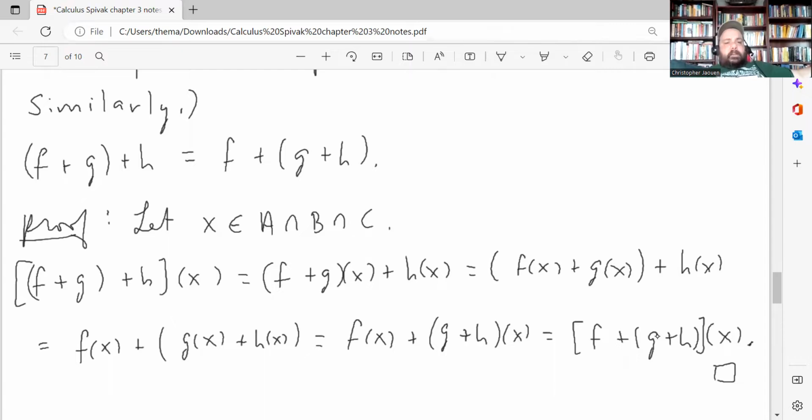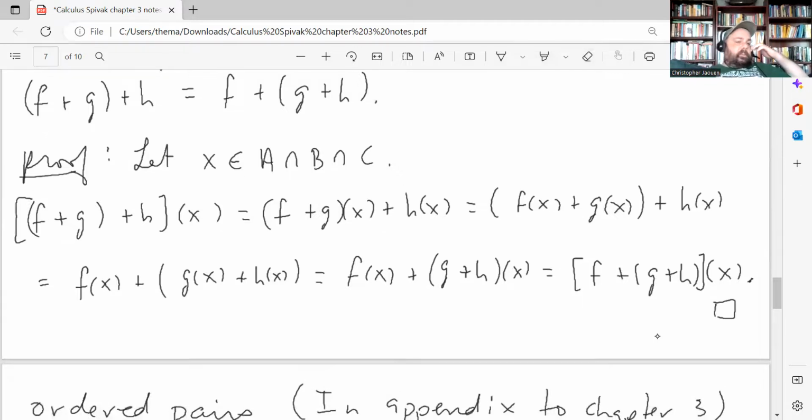So if we want to prove that function addition is associative, first we allow x to be an arbitrary element in the domain of the sum, meaning it has to come from the intersection of the three domains. And then we look at what happens to the y value.